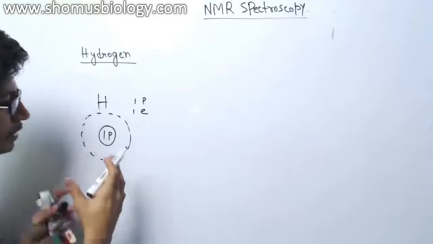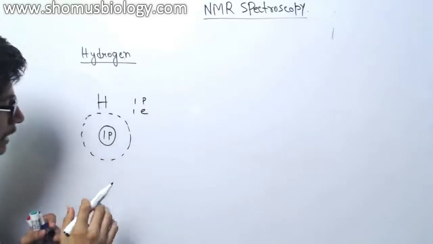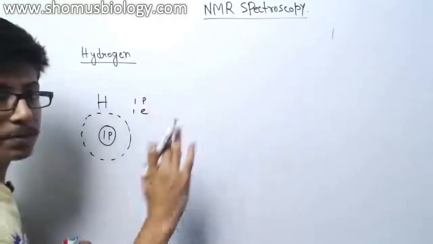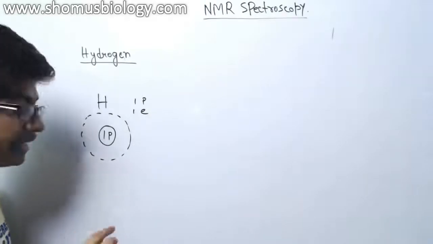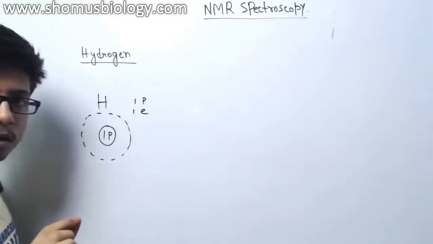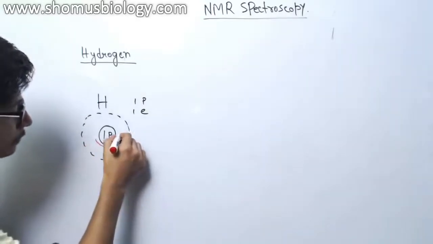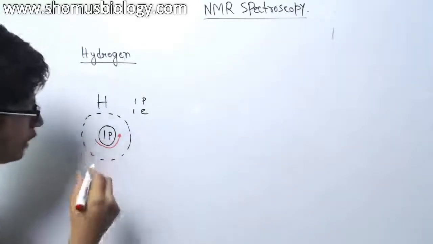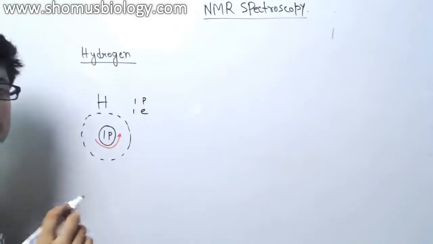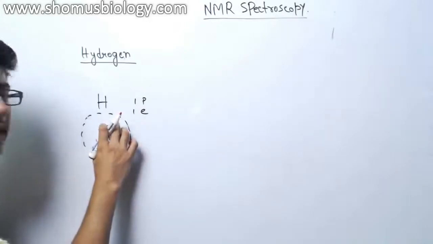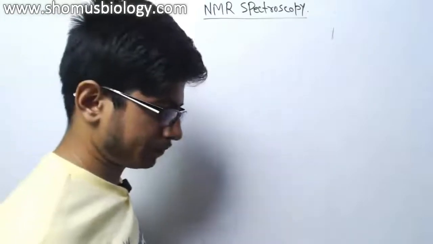That's the structure of hydrogen. Here in the process of NMR spectroscopy, we will see this proton playing a vital role. What kind of role? This proton can spin. Due to the spinning property of the proton, it can behave like a magnet.